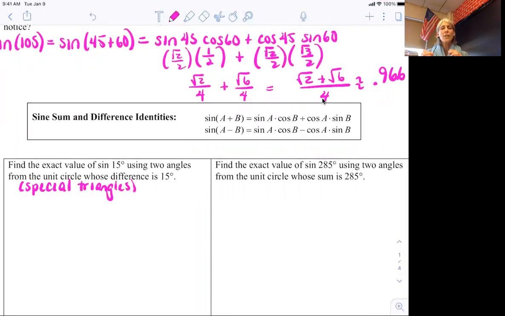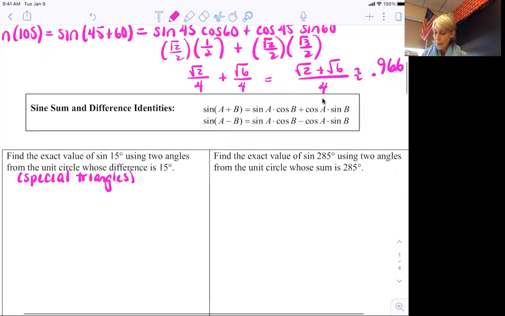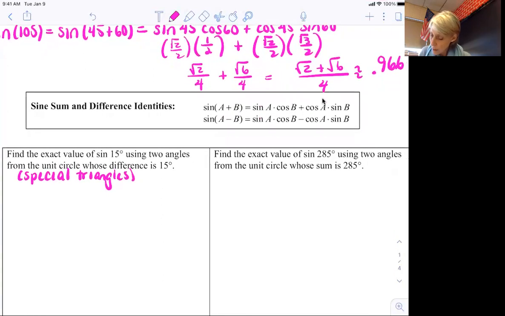Okay, can you think of any way you can add or subtract two angles together and get 15? I think there's two different ways we could do it. I'm going to do sine of 15. I'll use 60 and 45.